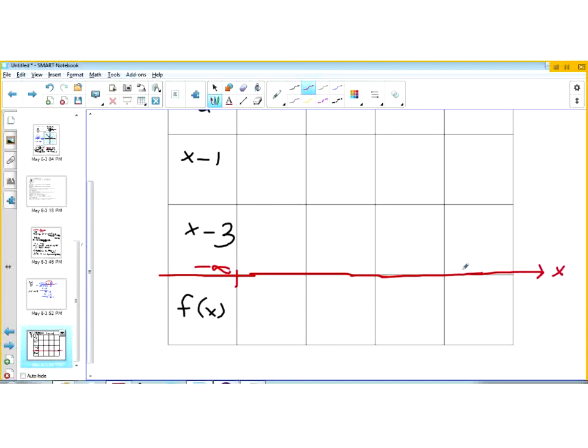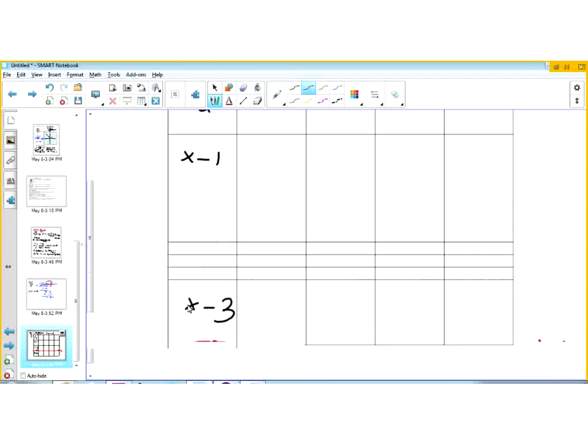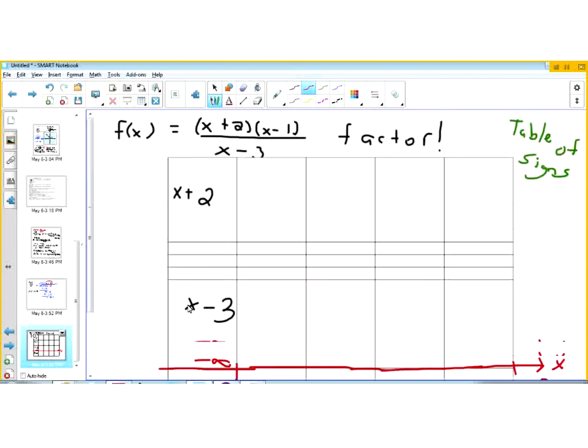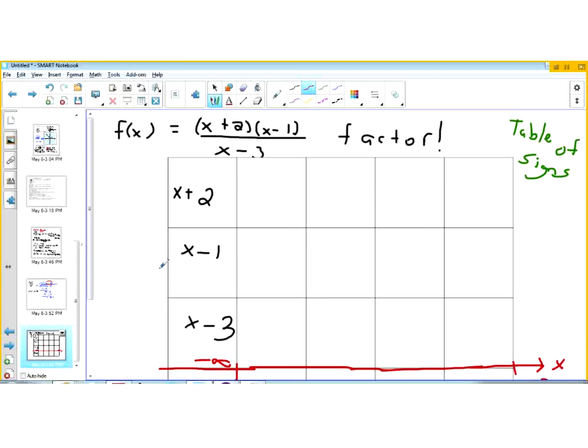And we'll call this minus infinity, and then we'll call this plus infinity. Okay, so there's the entire x-axis. So that's the next thing we want to do. So draw your x-axis on the line above f of x.